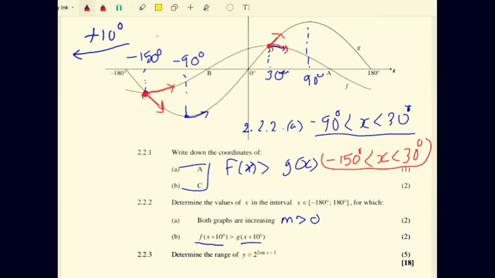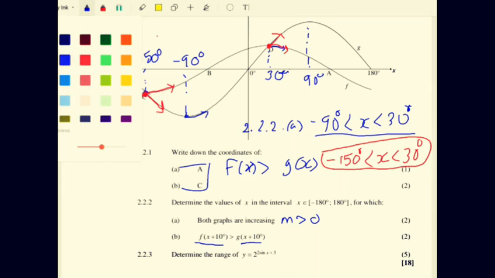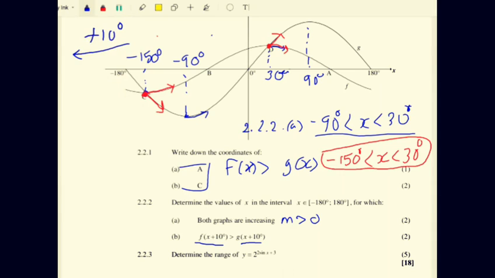So f of x is greater than g of x within this range. But now we are shifting the graphs by 10 degrees. In other words, both graphs move back by 10 degrees. So the values of x where f of x plus 10 is greater than g of x plus 10, we're going to move back by 10 degrees. This becomes minus 160, and this becomes 20 degrees.